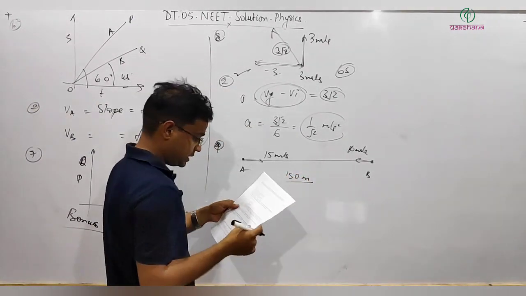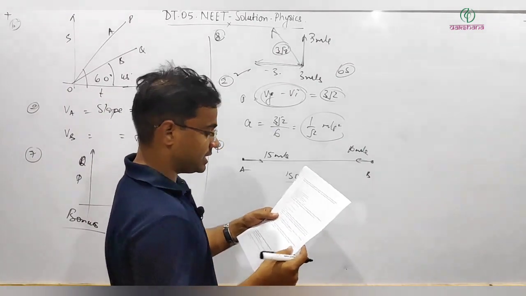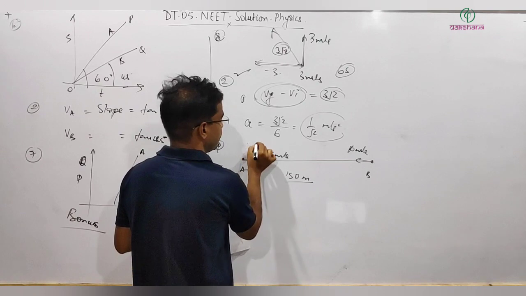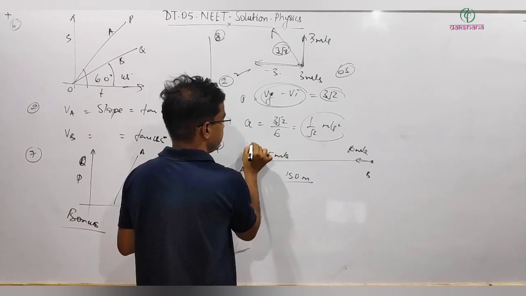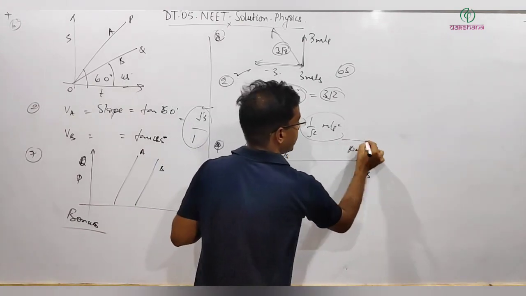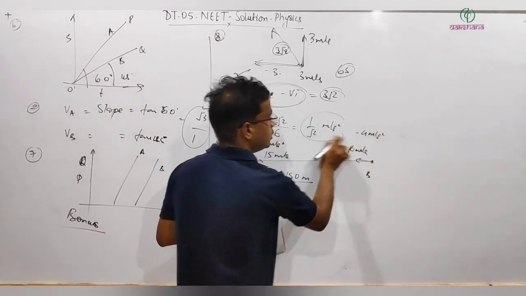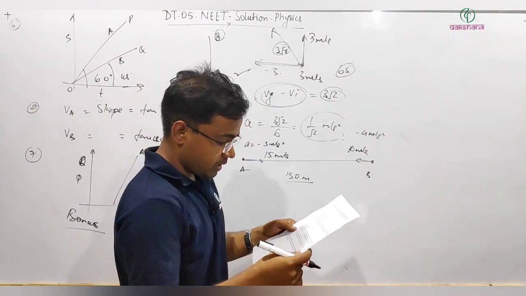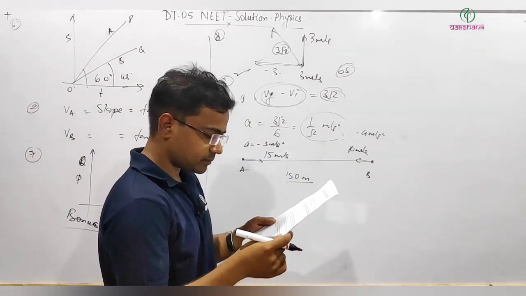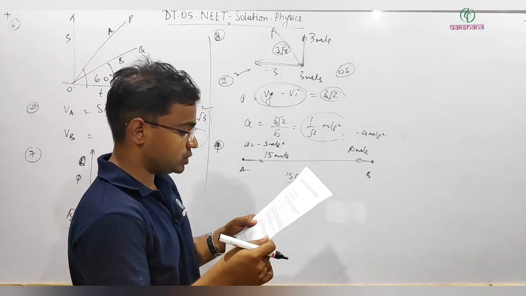Both drivers apply the brake and the cars decelerate, that is, negative acceleration: a is equal to minus 3 meter per second square for one, and a is equal to minus 4 meter per second square for the other. So both decelerate until they stop. Find the separation between the cars when they come to rest.